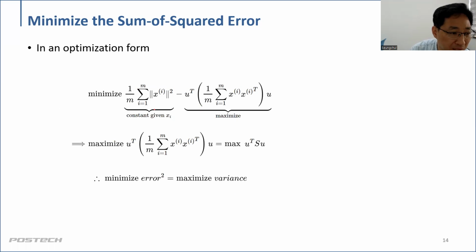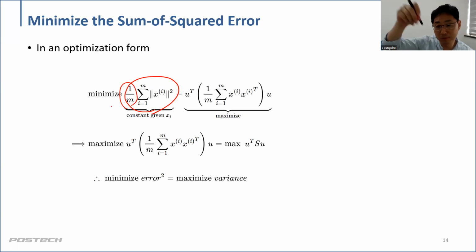So this is the mean of distance from the origin to the entire data set in the original coordinate. It's a constant because the data is given. And what is this?